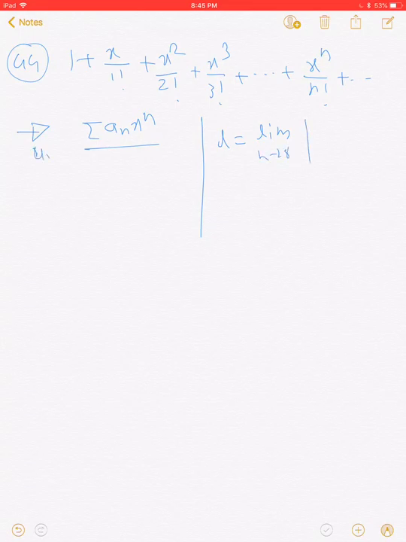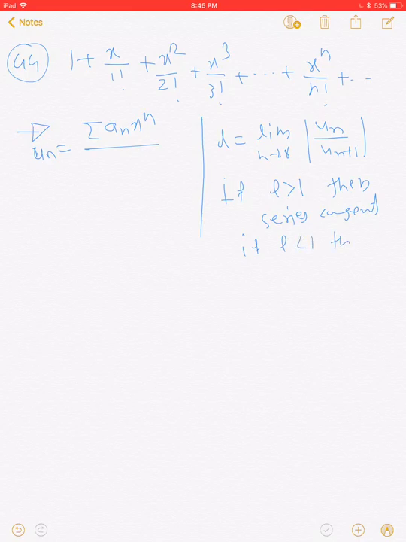If this is the nth term, then L is equal to limit n tending to infinity un upon un plus 1. If L is greater than 1, then the series is convergent. If L is less than 1, then the series is divergent. And for L equal to 1, the test is inconclusive. In this problem we have to find all such x for which this series is convergent.